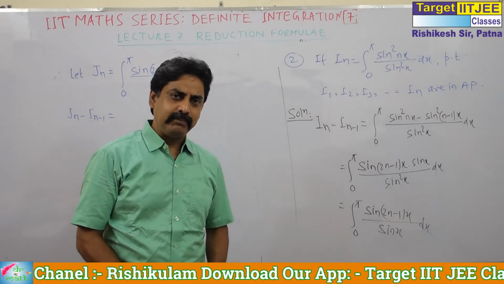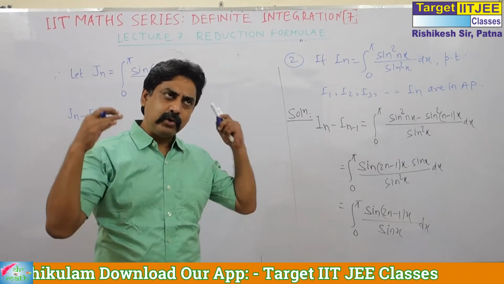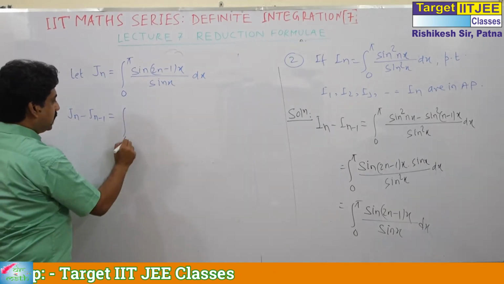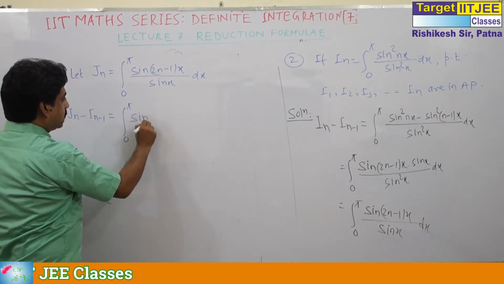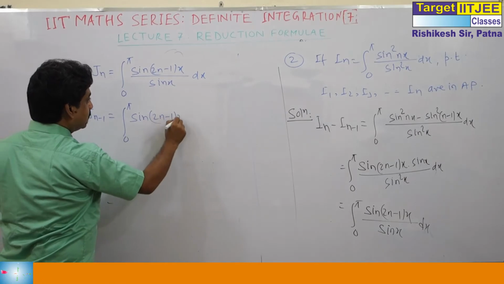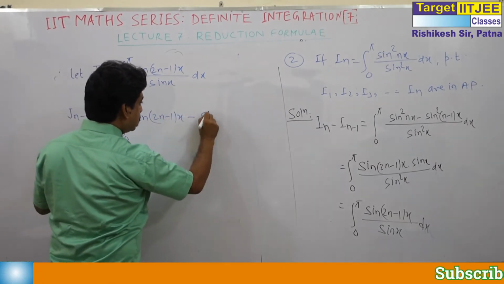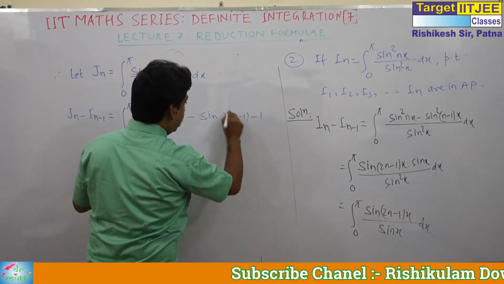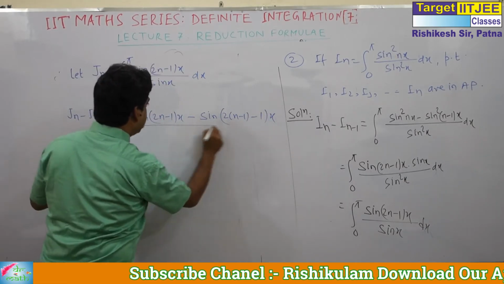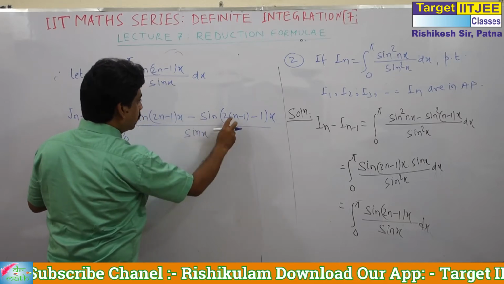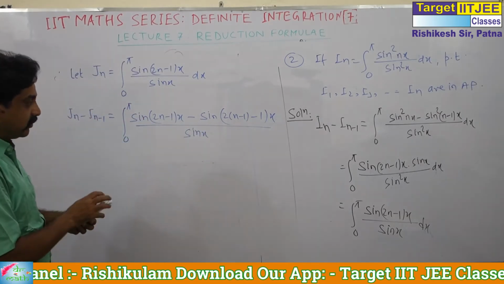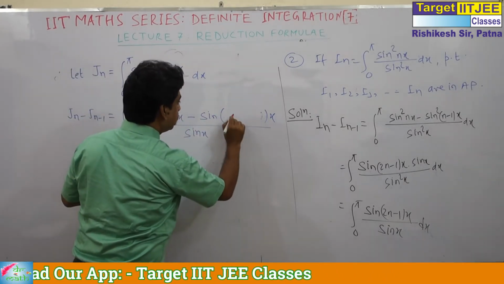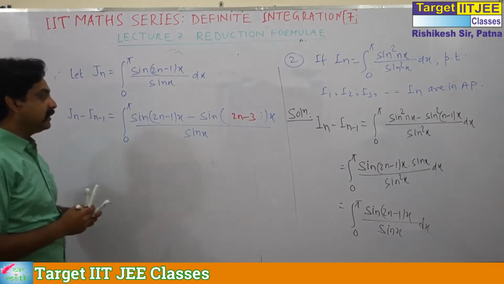Steps are of stereotype. You do some questions, you will get it. Same step: the integral from 0 to pi of sin (2n minus 1)x minus sin (2n minus 3)x, divided by sin x.